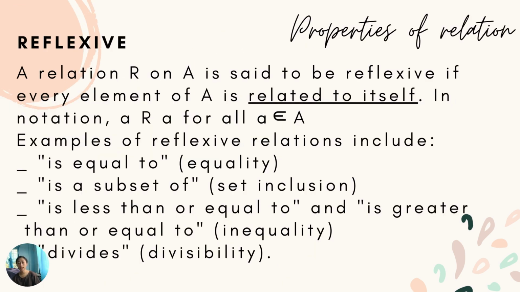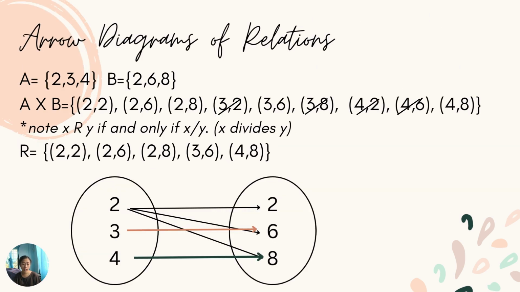So, properties of relation. Reflexive: every element of A is related to itself. Kumbaga, if you are going to do it in a diagram, pag drawing mo na siya in circles, kumbaga yung isang pair na yon, tulad nitong sa arrow diagram, 2, 2.